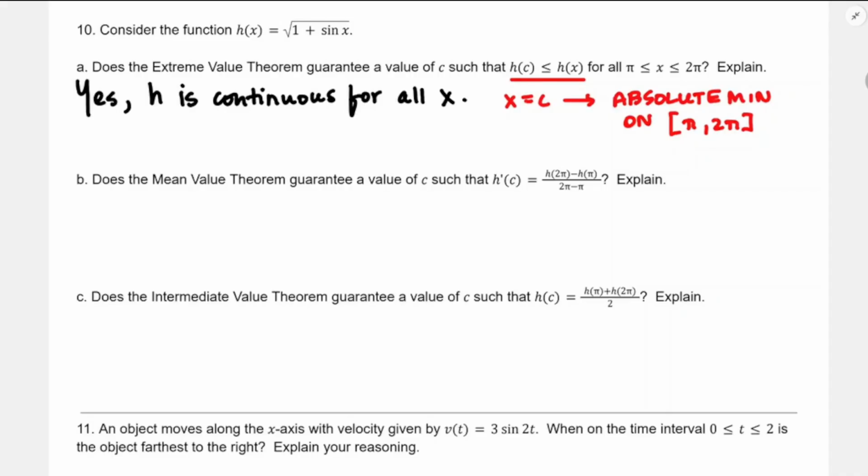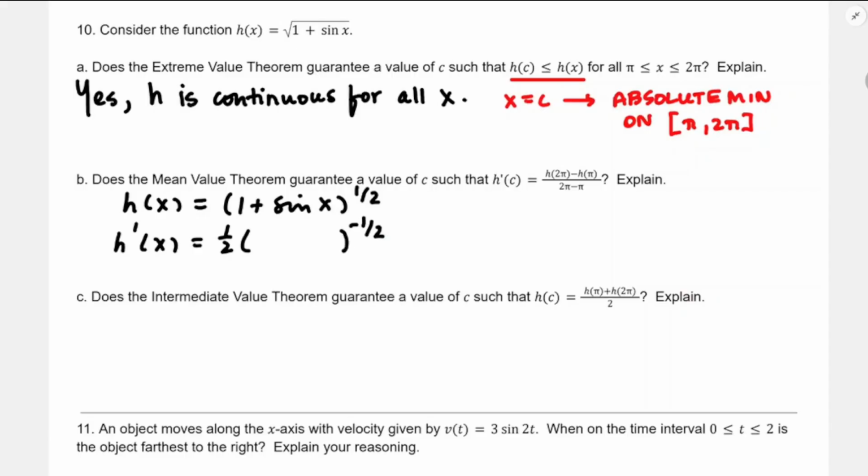Okay, so let's go ahead and check to see if it's differentiable. I think we're going to do that by taking the derivative. This is an interesting question. So h of x is 1 plus sine x to the 1/2 power. For h prime of x, we take the derivative of the outside, keep the inside the same, and then multiply by the derivative of the inside.